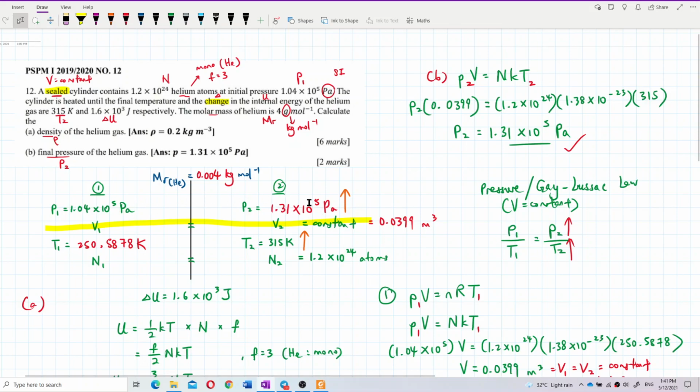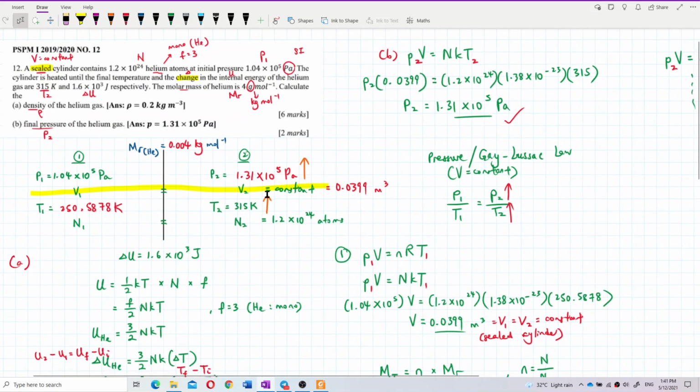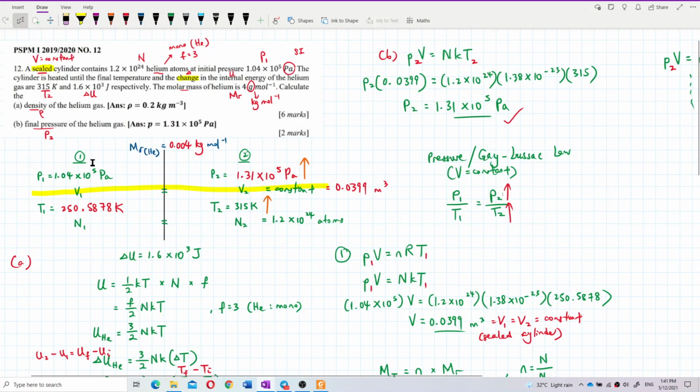So yes, it tallies with our answer. You can also use this formula to find the value. We can substitute the pressure and temperature and find the pressure. This is another method, no need to use PV equal to nRT or nkT. There are many ways to do the question.